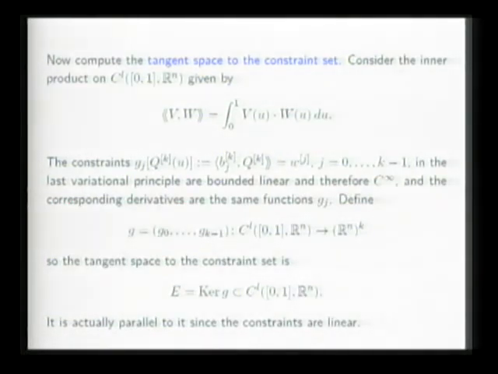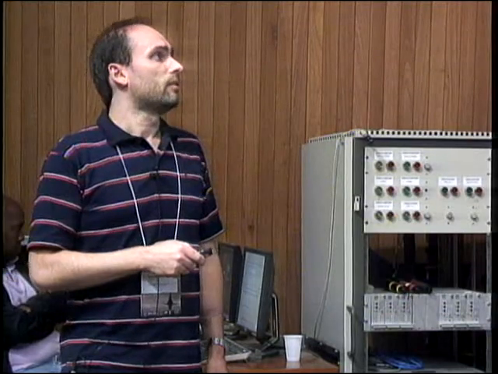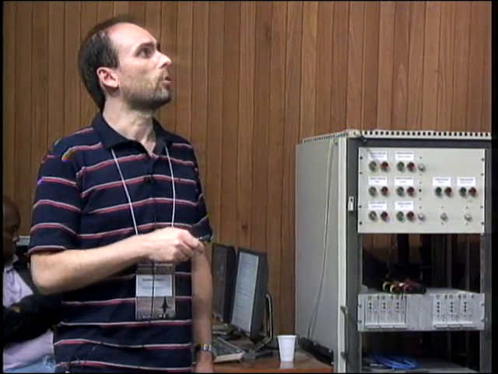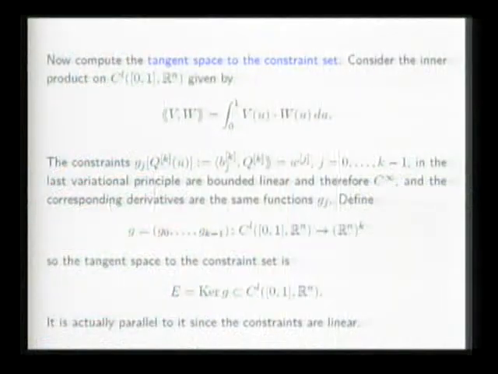These constraints are bounded linear. It's just integrating, and they are C infinity. And the derivatives are the same functions, gj, because they're just linear. So we collect them all in a function g, and the tangent space to the constraint set is the kernel of g.